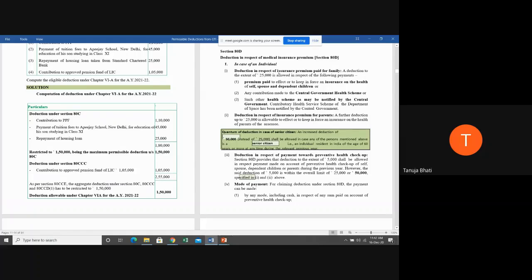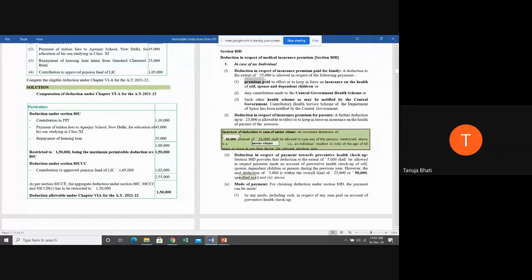So suppose as an individual, I am taking a medical insurance and paying premium for that, I will get a deduction under section 80D for an amount of 25,000. Maximum amount of deduction I can get is 25,000. Or suppose if I am contributing to central government health scheme.